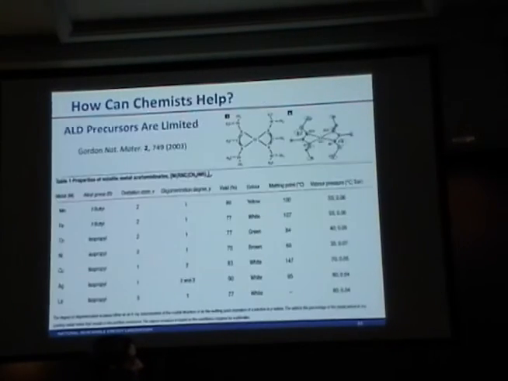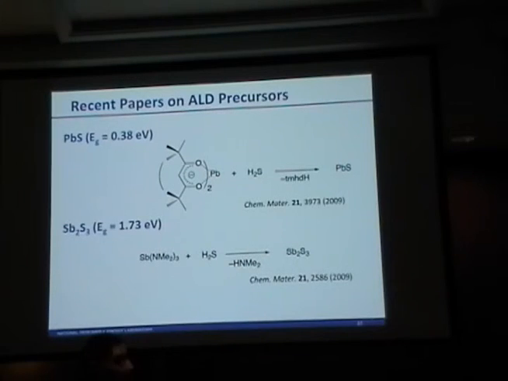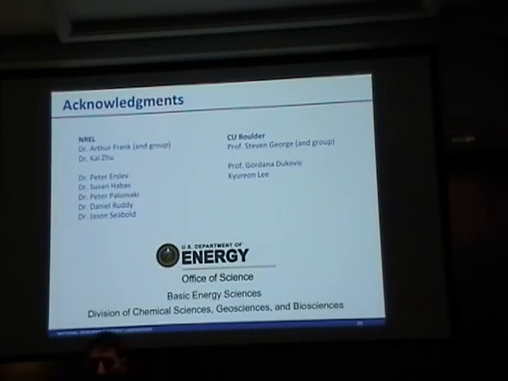You can see them online, but I'll point you to this review by Roy Gordon at Harvard. There are limited precursors for atomic layer deposition, and chemists can really help by developing some of these, and chemists have done that in the recent past. So if you have aspirations to help out in ALD or other fields that I've shown today, hopefully some of this has helped you. Thanks.